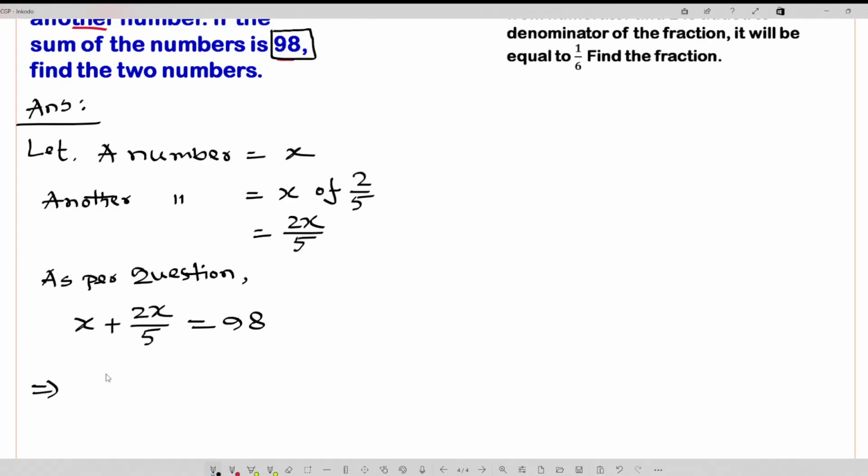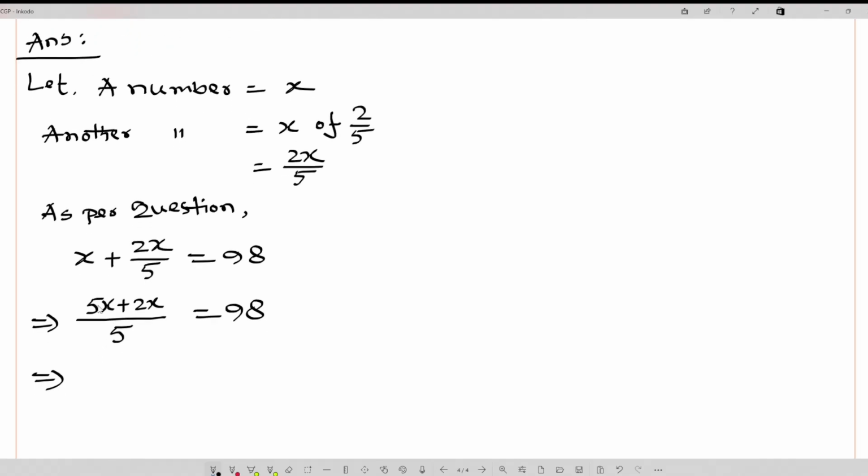So we can take the LCM. So 5x plus 2x equals 98. Now cross multiplication. 5x plus 2x will be 7x, and here is 98 times 5.